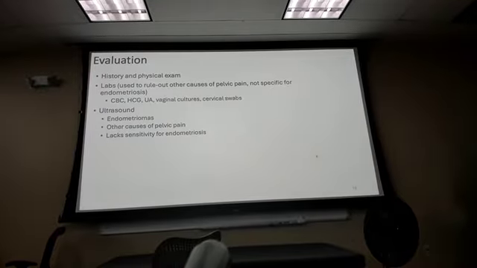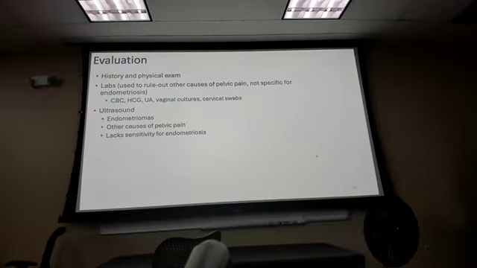Okay. Our history and physical exam, mainly our history, is going to be the biggest thing that's going to help us out with these. Labs. Certainly you can do labs, especially in a patient that maybe has a higher risk for STIs, okay, but unfortunately there's no lab that's specifically going to lead you to believe or not that this is endometriosis.